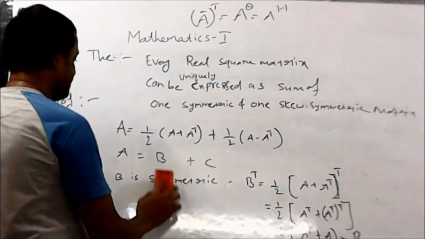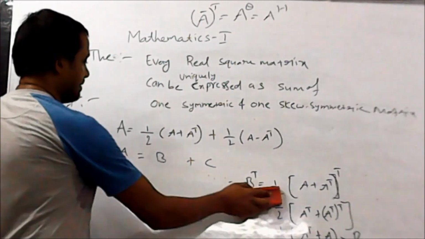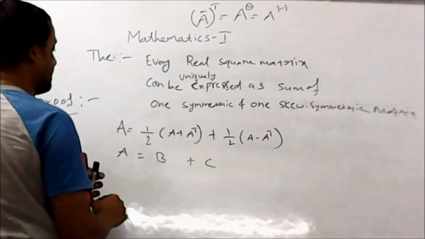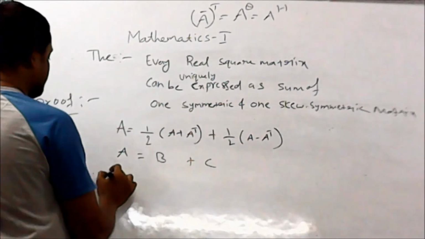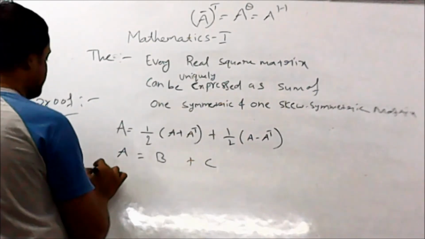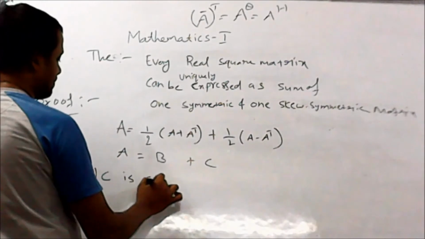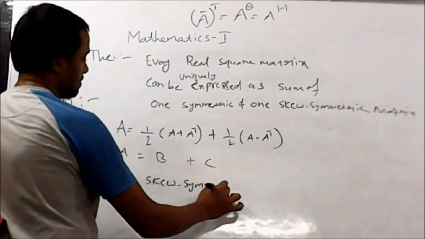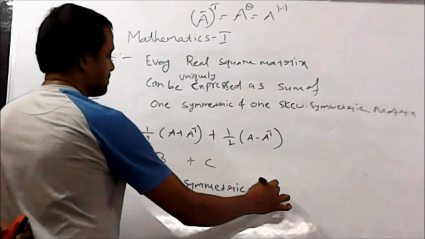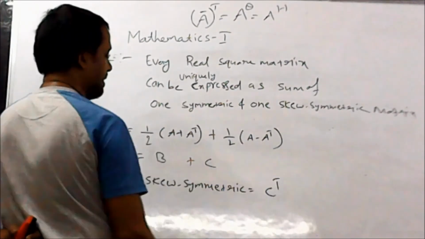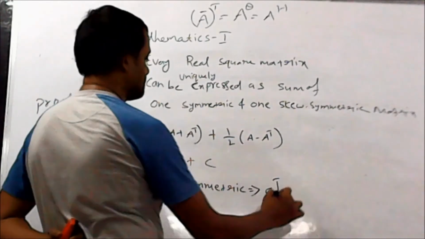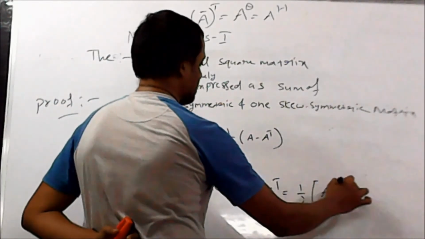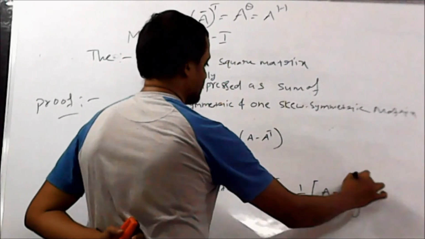So one thing we know, B is symmetric, right? Another thing we need to prove is that C must be skew symmetric. Skew symmetric means C transpose must be minus C. We need to apply transpose on C, whole transpose.